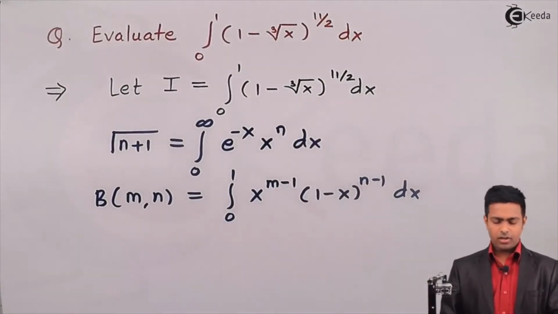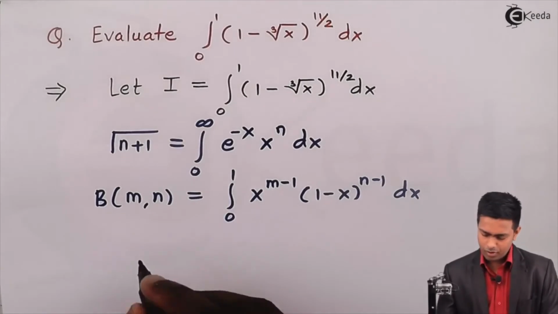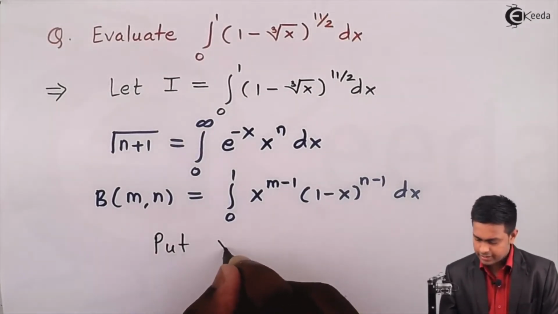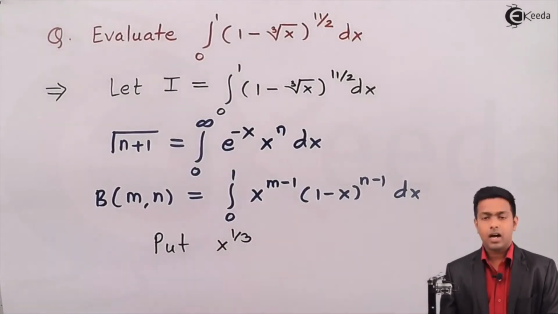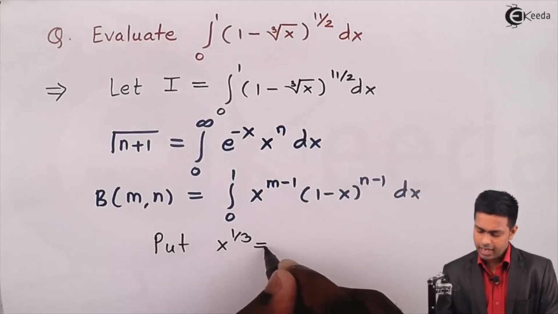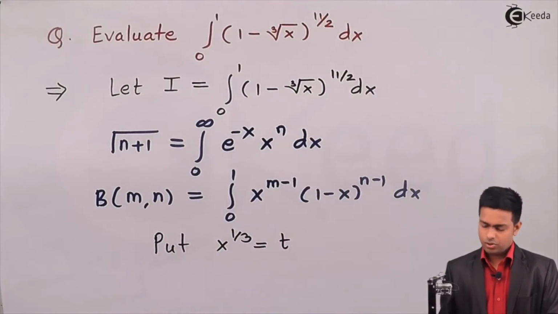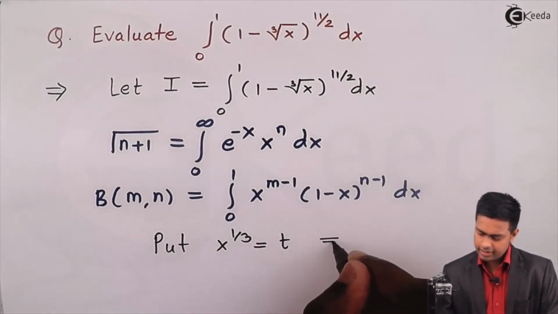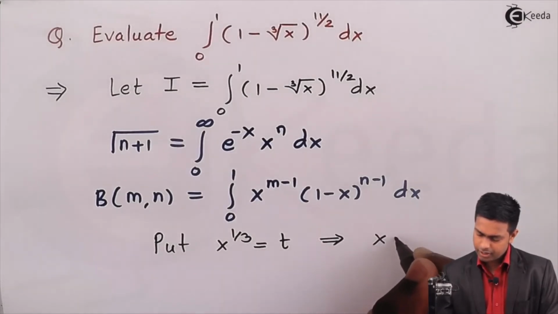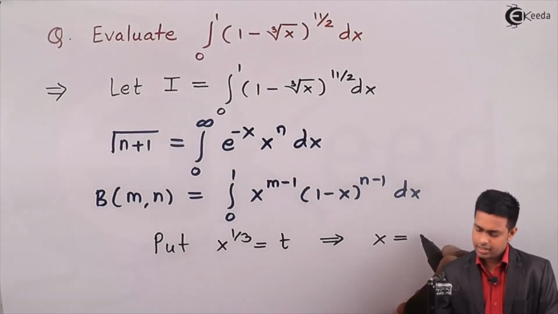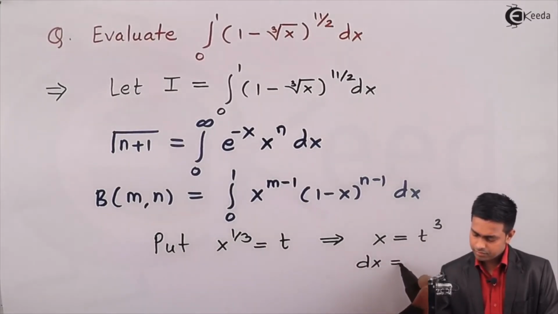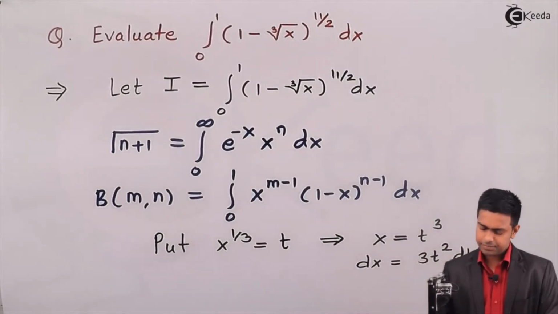So here I'll say put cube root of x, that is x raised to 1 by 3, another form of cube root of x, as t. So here we will get x, by cubing both sides, as t cube, and dx will be 3t square dt.